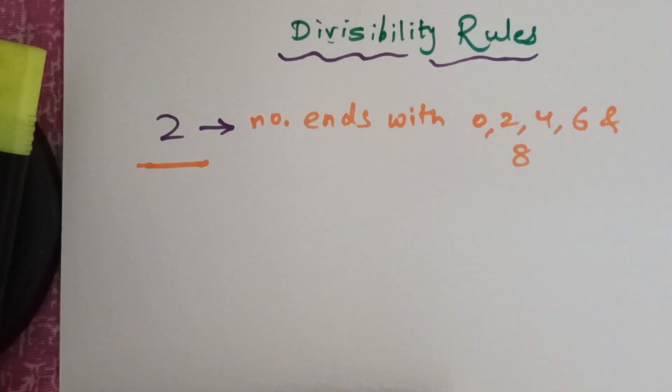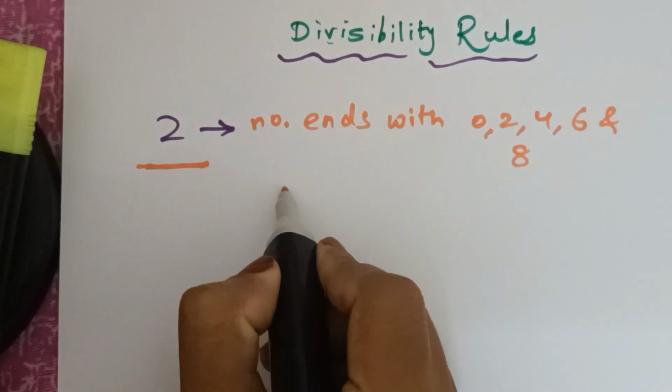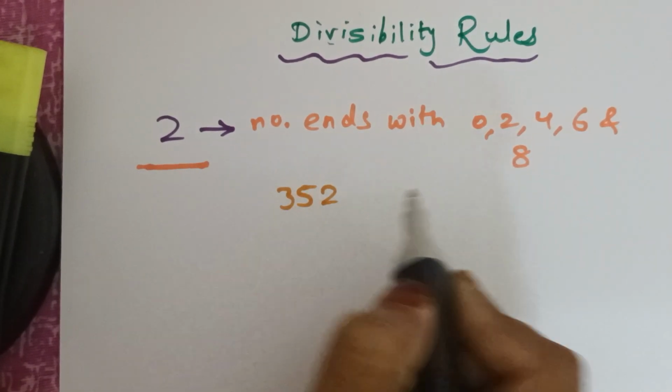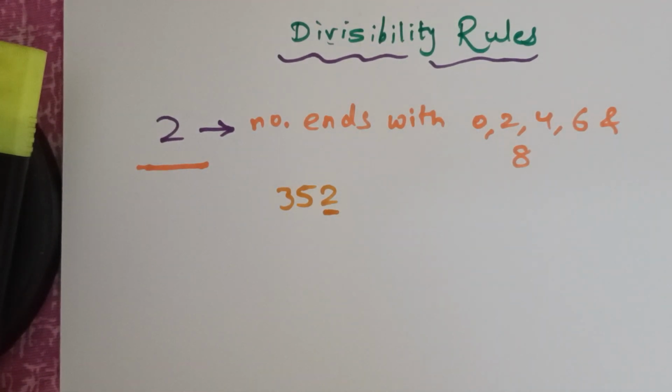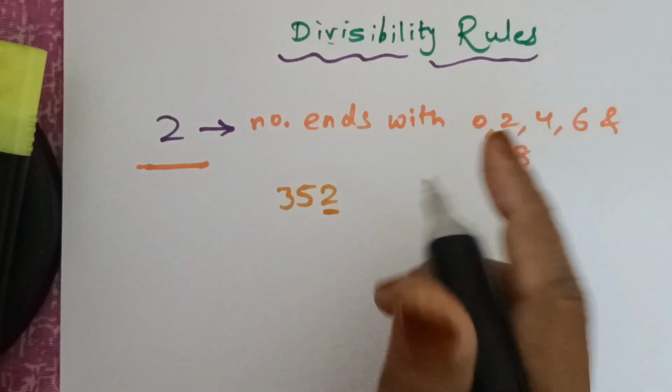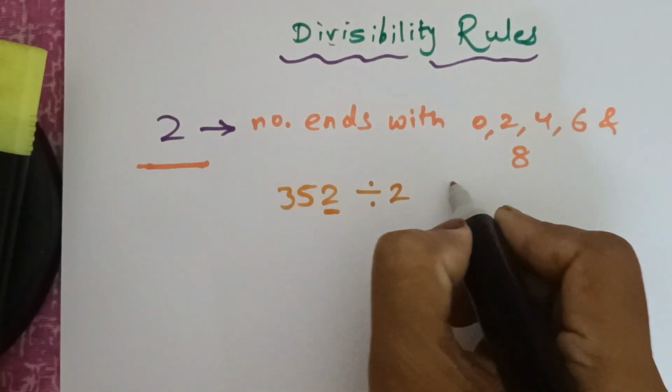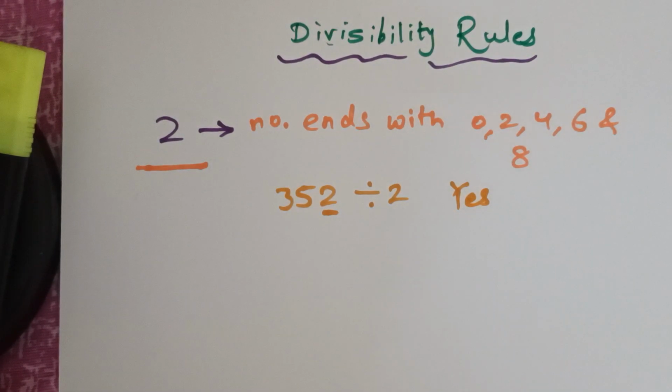For example, take the number 352. If I check its unit place, that is 2. So this number is perfectly divisible by 2, and it leaves no remainder.